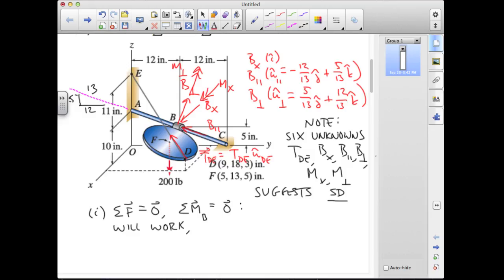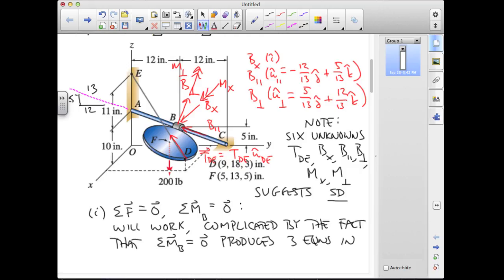So what that tells us is that this is complicated by the fact that the sum of the moments about B equals 0 produces three equations in the three unknowns Mx, M perp, and TdE. So that's not a bad choice, but if possible, we'd like to find something simpler.